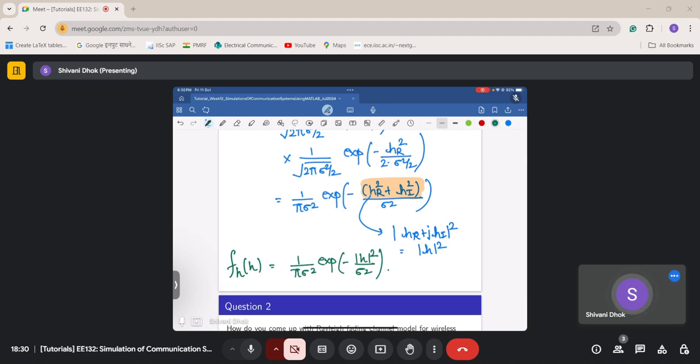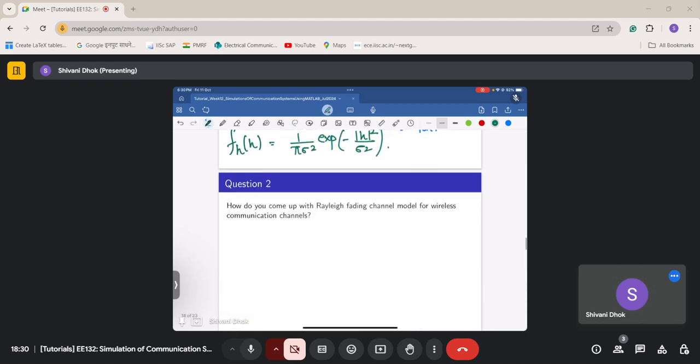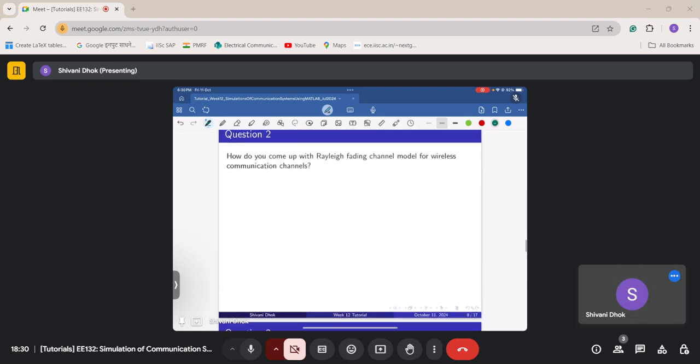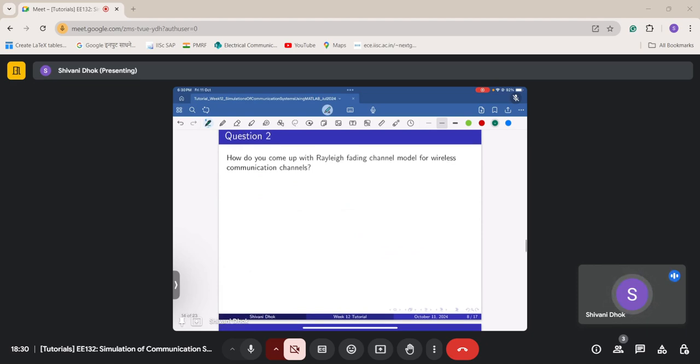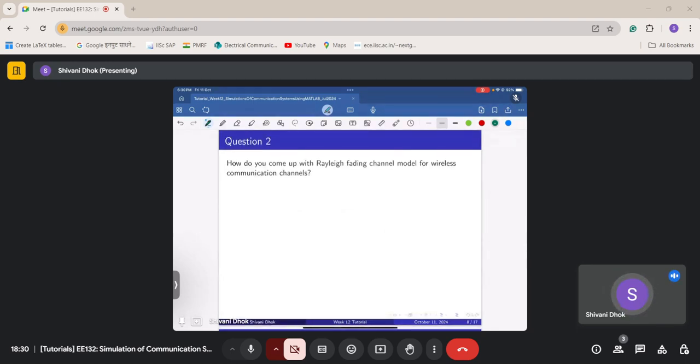Okay, if there are no questions, then let me move on to the next question. This is not so much a question but a concept. Here it is asked: how do we come up with the Rayleigh fading channel model for wireless communication channels?